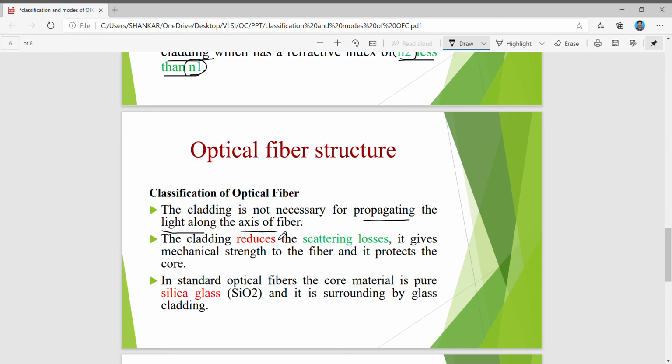The cladding may not be helpful to propagate the signal along the axis of the fiber, but we are using the cladding material in order to reduce the scattering losses, and it gives the mechanical strength to the fiber, and it also protects the core.